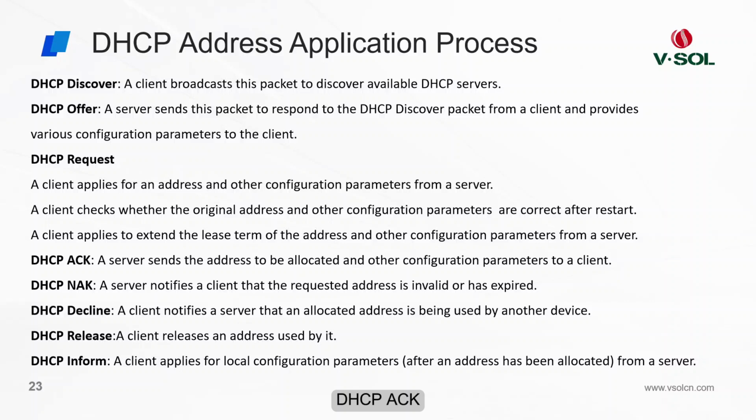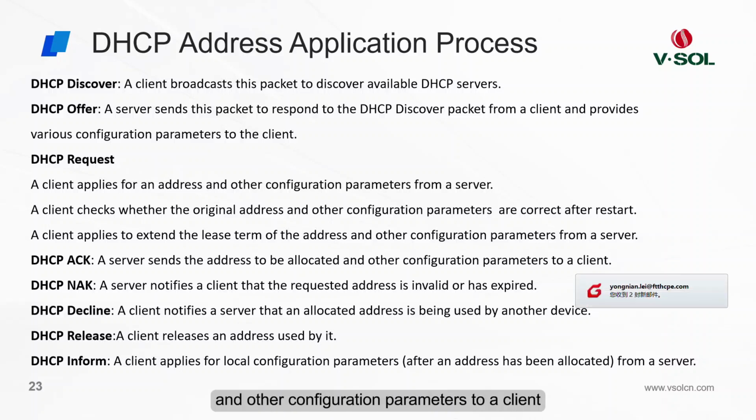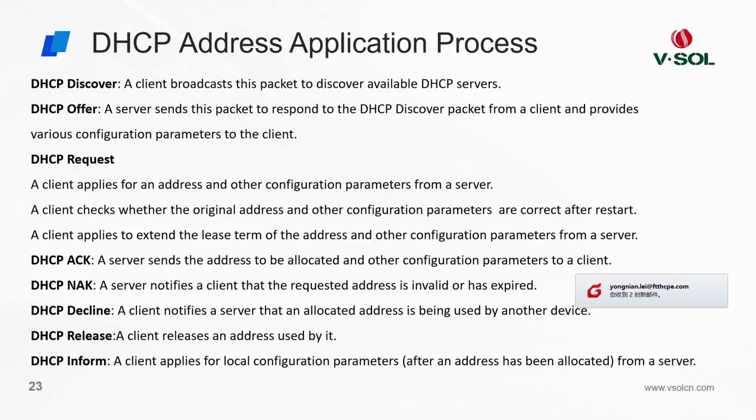DHCP-ACK. A server sends the address to be allocated and other configuration parameters to a client. DHCP-NAK. A server notifies a client that the requested address is invalid or has expired.